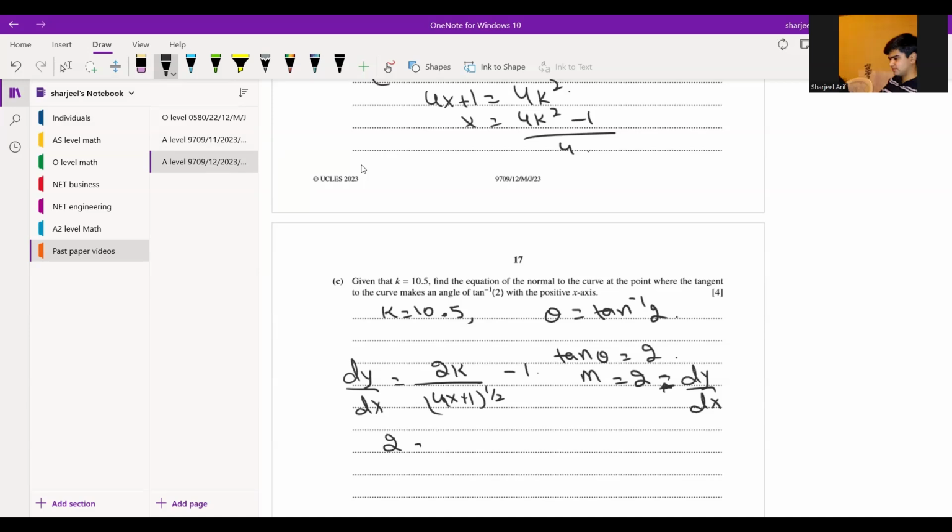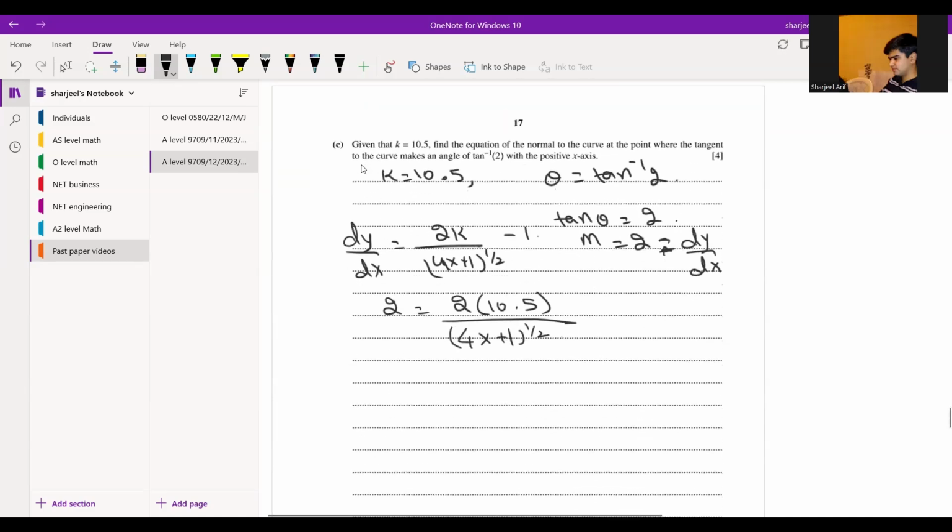We will get 2 equals 2 into 10.5 divided by square root of (4x + 1), minus 1. So 1 will go on the opposite side. This will become 3 equals 21 divided by (4x + 1) to the power 1/2. Cross multiply it to get the square root equal to 7.